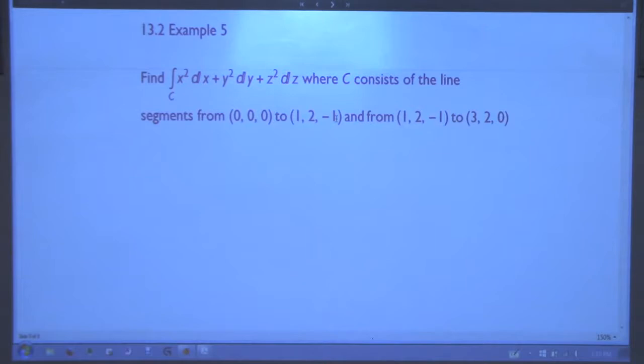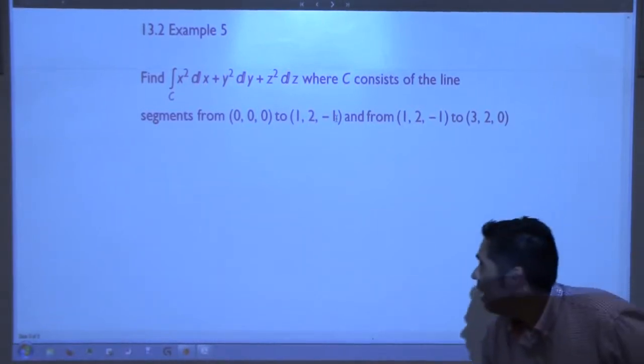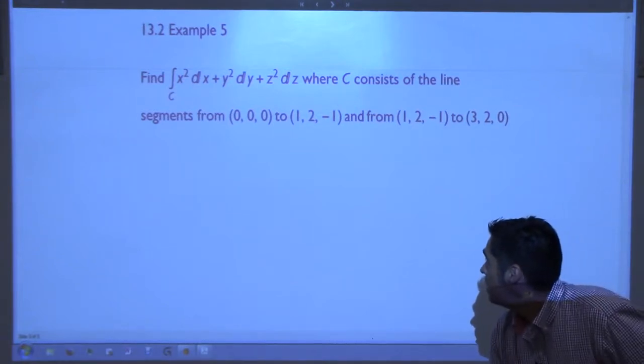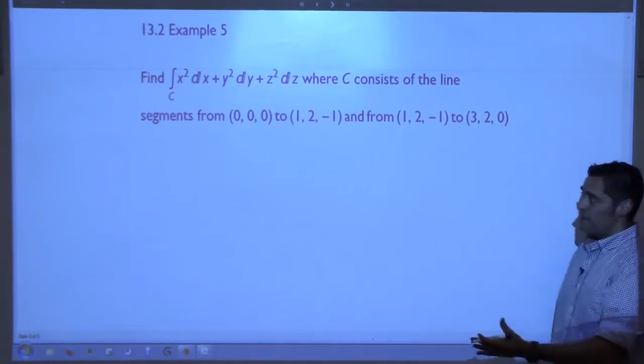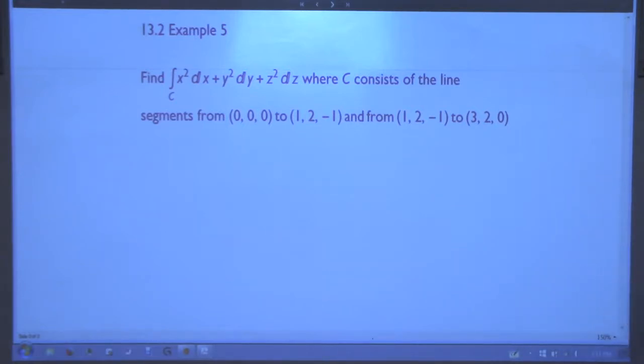Okay, find this line integral, where C consists of the line segments from (0, 0, 0) to (1, 2, -1), and from (1, 2, -1) to (3, 2, 0). Everything is exactly the same as last class, with the exception that we're in 3-dimensional space.